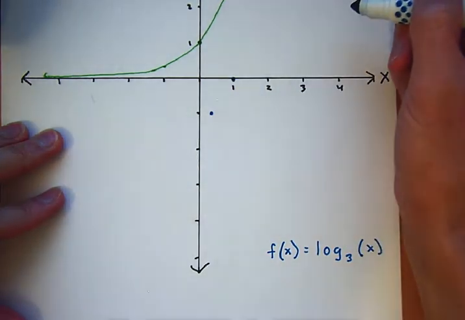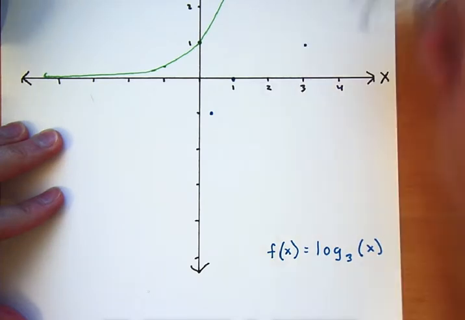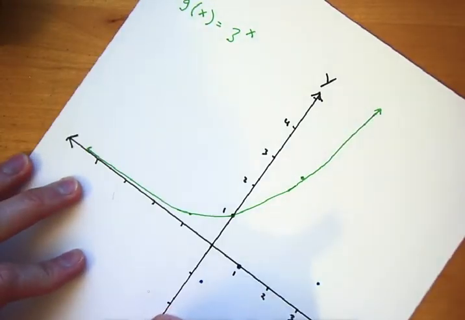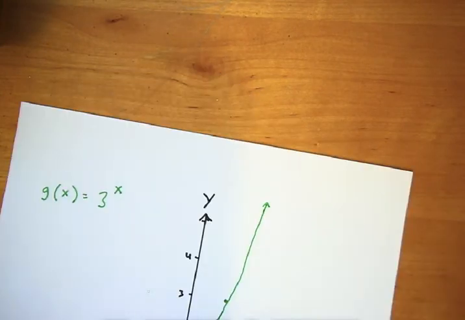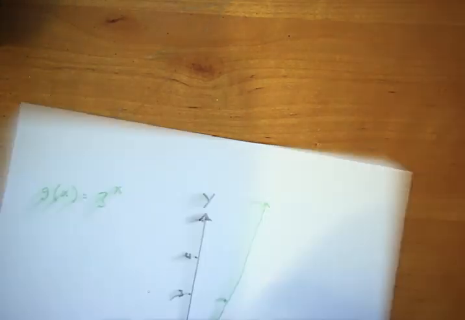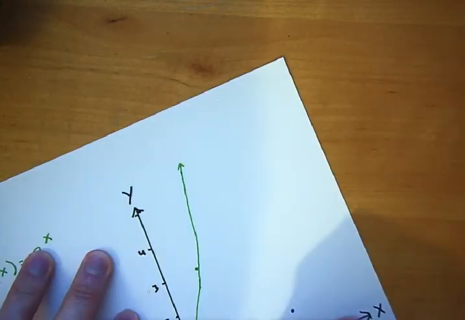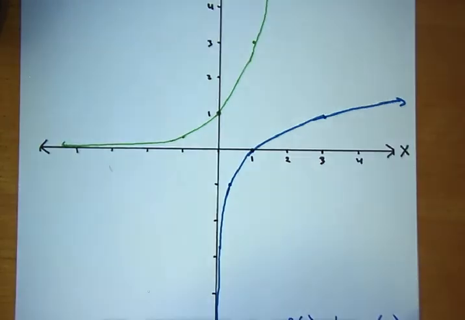When y was 1, x was 3. So if I were going to draw this, that's me connecting the dots.